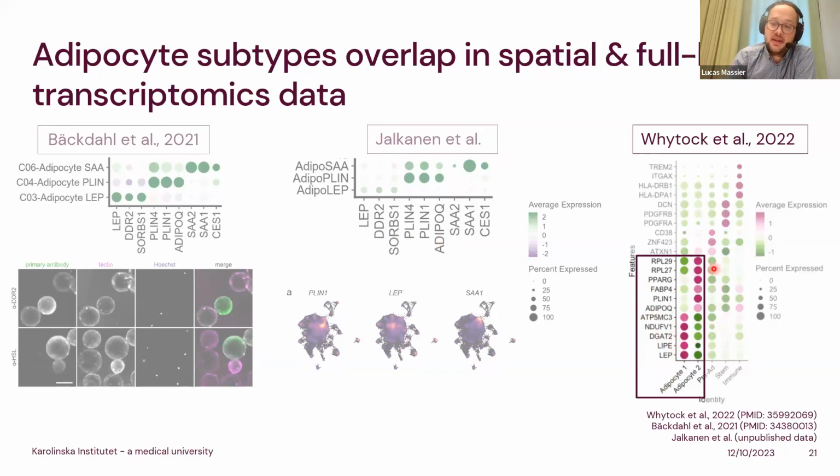So we think that there is adipocyte heterogeneity, probably on a reduced level compared to other cell type groups. But there are differences in the methods used, and these will affect which kind of adipocyte subclusters we can capture.